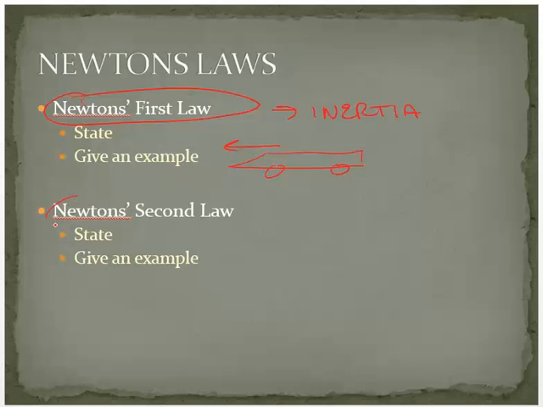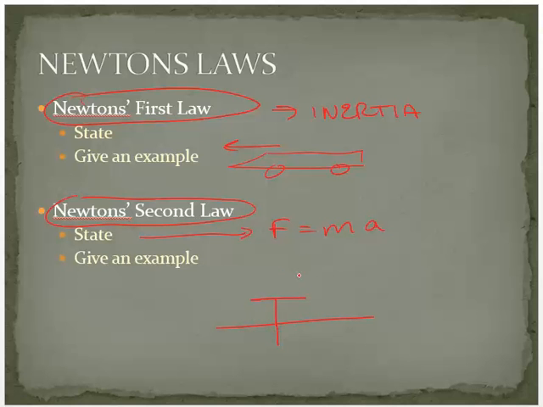Now Newton's second law. Essentially, if we apply a force to a mass, it causes that mass to accelerate, and that's where our equation comes from. An example is a nail in a piece of wood.